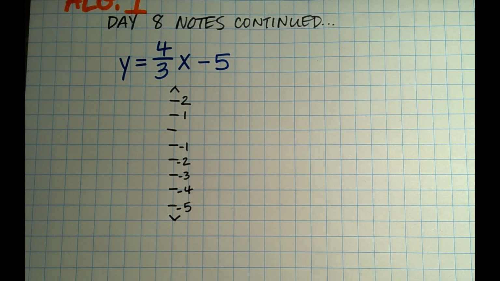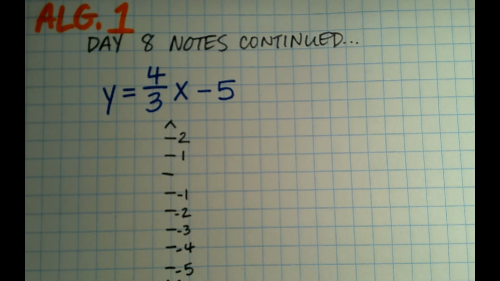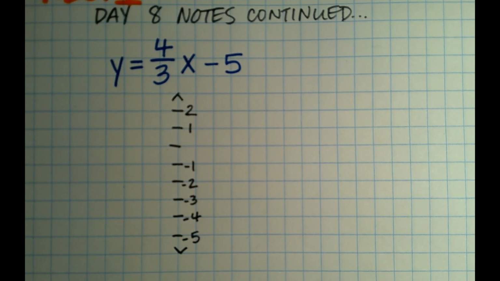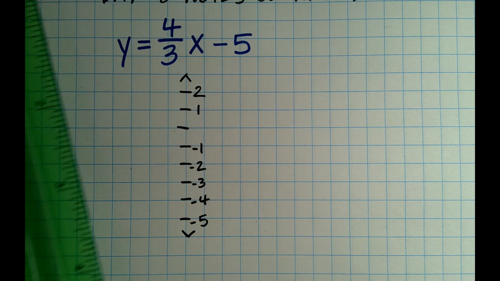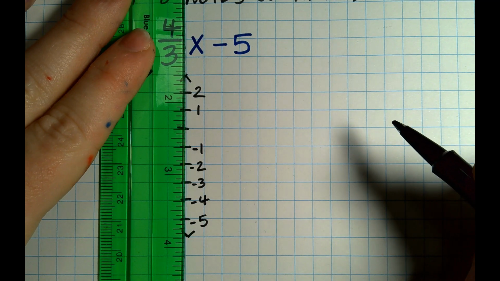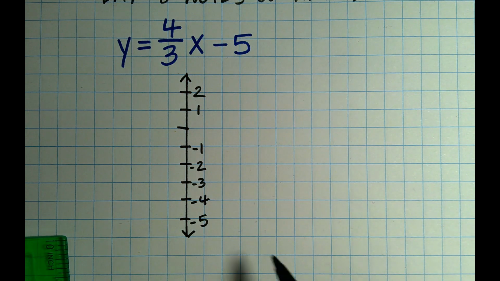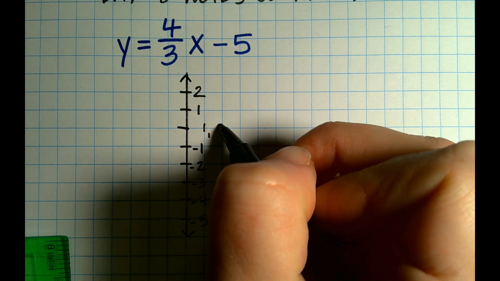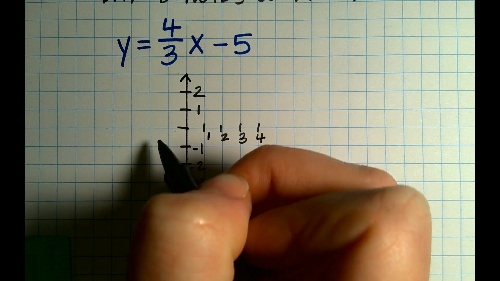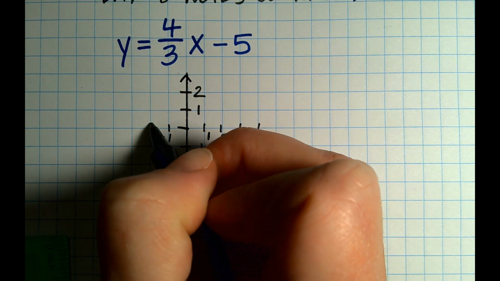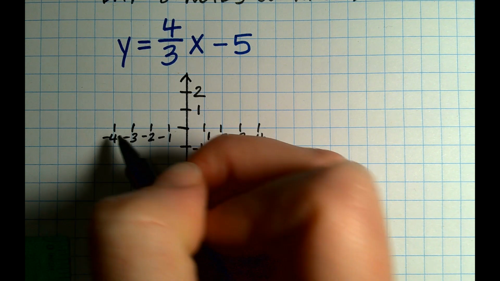Okay, and I'm gonna turn this zoom off and just do it manually. I think we get better quality that way. Here we go. Okay. Connecting my dots. One, 2, 3, 4. -1, -2, -3, -4.